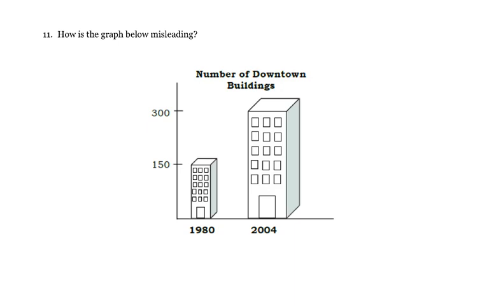Again, we can look at this one here. How is this graph below misleading? Well, we technically have a consistent scale here. It goes from 0 to 150 to 300. But look at the size of the bars. This didn't just double in size height-wise like it should have.